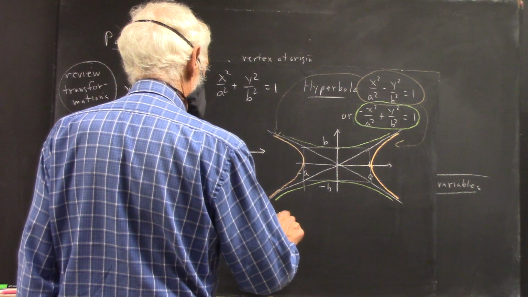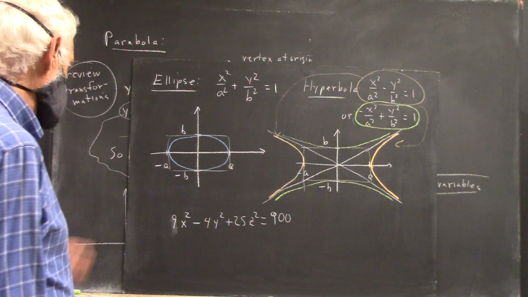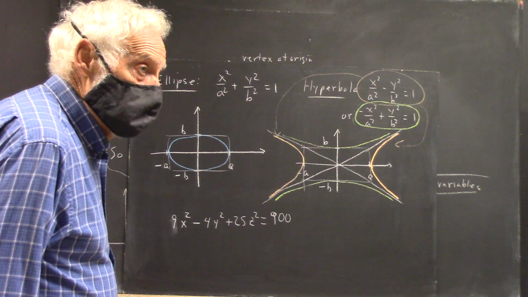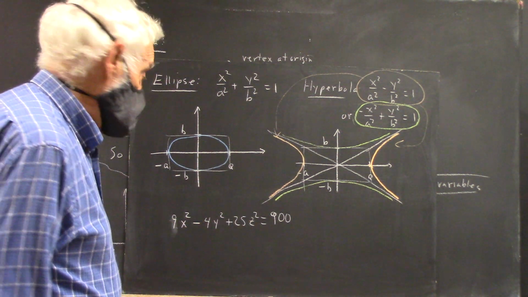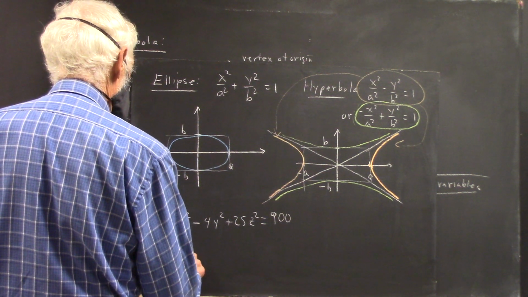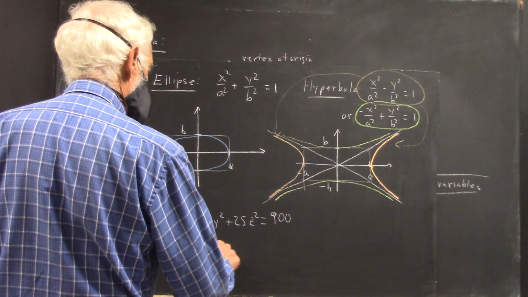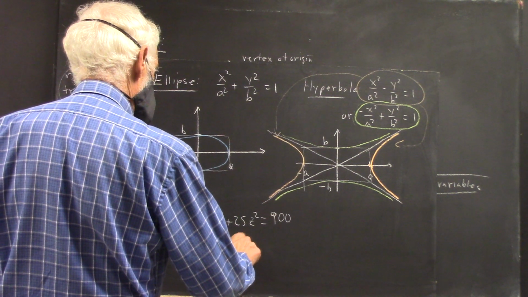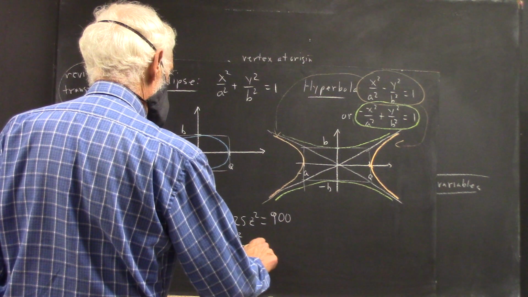Okay. I'm fudging. I should have figured out what I wanted to do here before I started. Okay. So let's just say you have this. Well, if I divide both sides by 900, I get x squared over 100 minus y squared over 225 plus z squared over 36 equals 1.